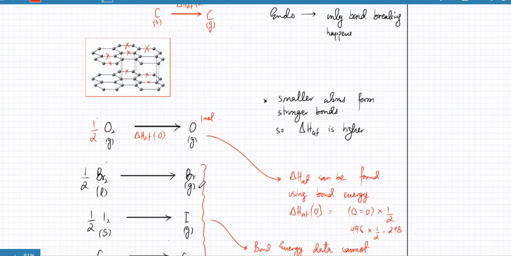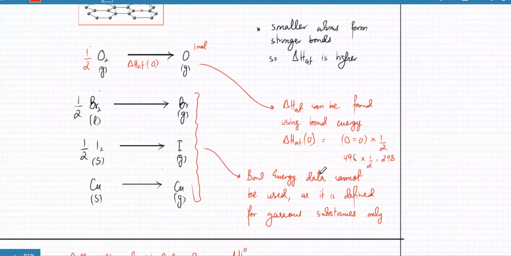But sometimes you can use bond energy data to figure it out, because the bond energy data given in the data booklet is calculated for gaseous substances. So if oxygen is turning into oxygen gaseous atoms, you're just breaking the oxygen bonds, half of them, because you're breaking half a molecule. So you'll get the value of atomization from the data booklet. But a lot of times when the states are not gaseous, because energies are defined for gaseous substances, you can't use bond energy data.